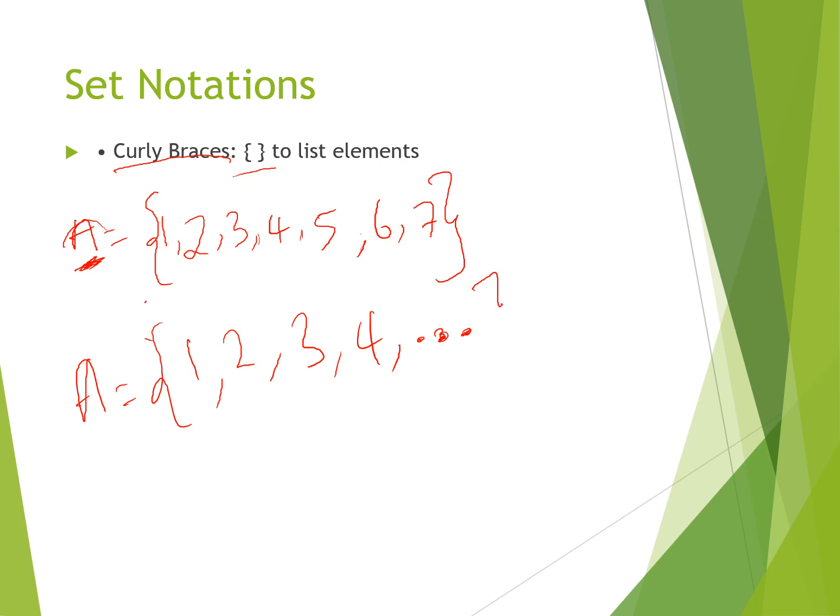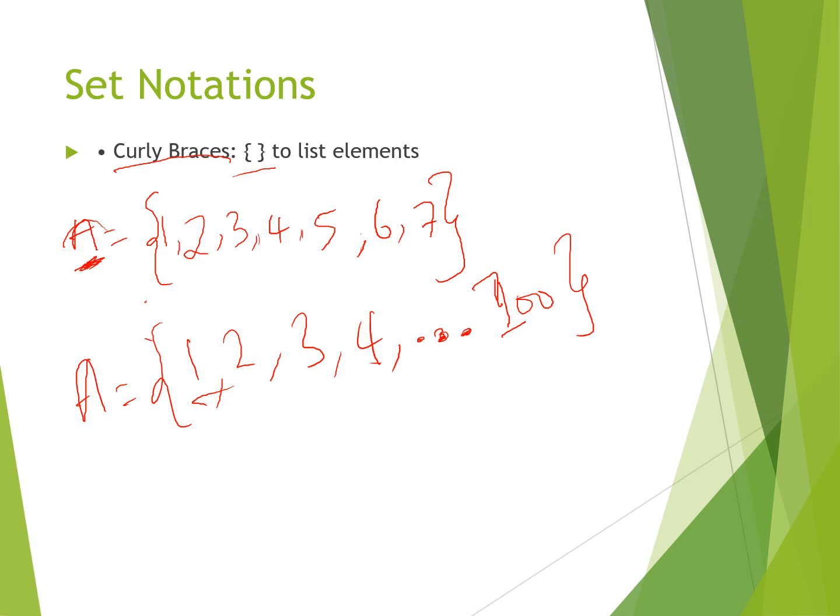Then I go on to 100. So anybody that sees this will know that there are elements inside here. And how will I know the elements? I will use this pattern: I will have 5, 6, 7, 8, and so on and so forth. So that is the first notation we are going to learn today.